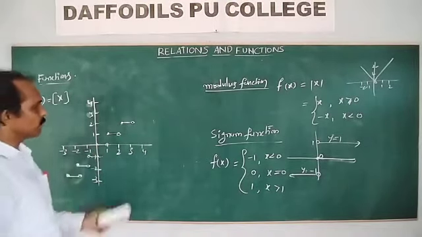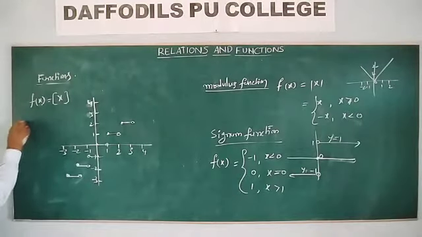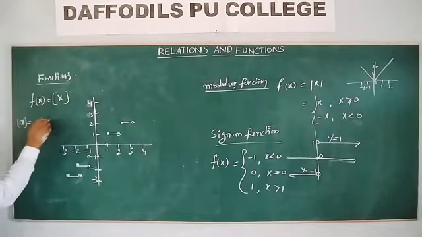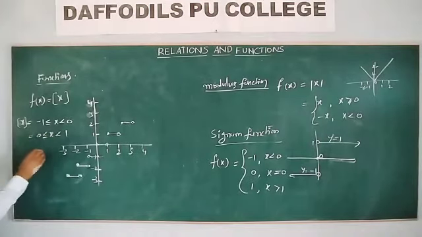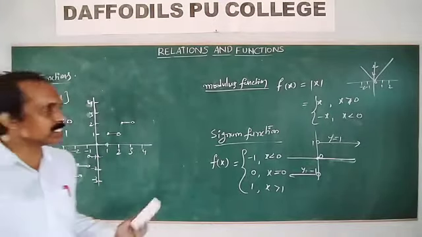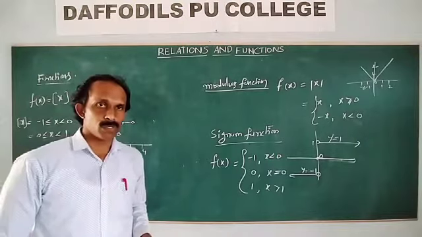Okay, this is the graph of the greatest integer function. That implies, for example, it is minus 1 for minus 1 less than or equal to x less than 0, 0 for 0 less than or equal to x less than 1, 1 for 1 less than or equal to x less than 2, like this. So these are the types of some functions studied in the first PUC.